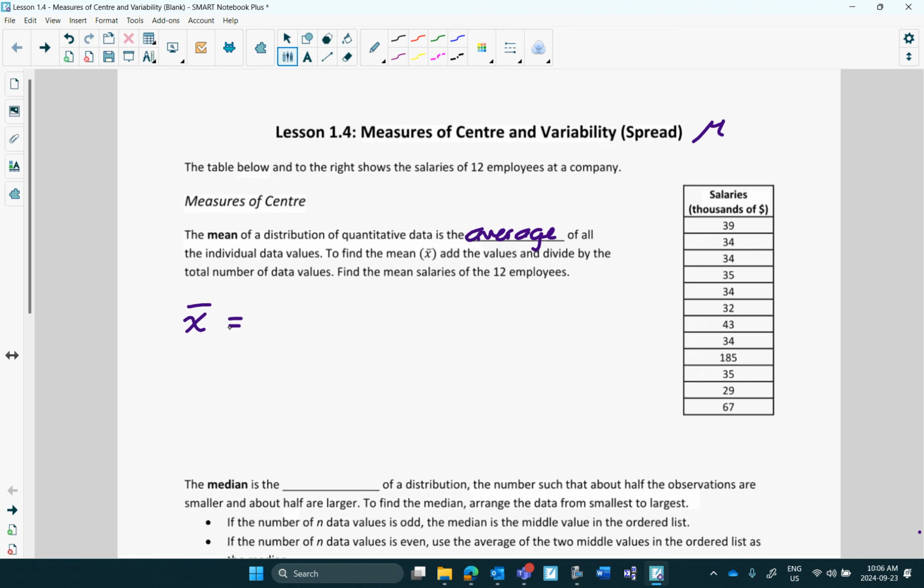Now the fancy notation, which you would get on a formula sheet, although you really never have to use it, is this. This is the capital Greek letter sigma.